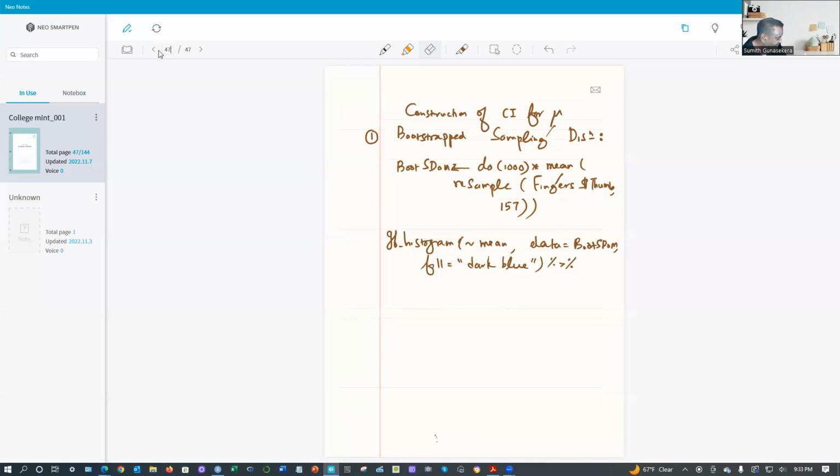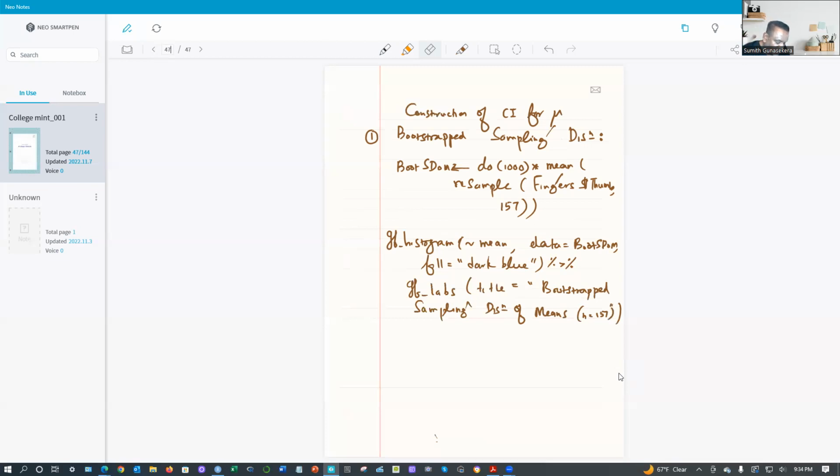Then you can put the labels and the title: bootstrap sampling distribution of means with n equals 157, and close it.